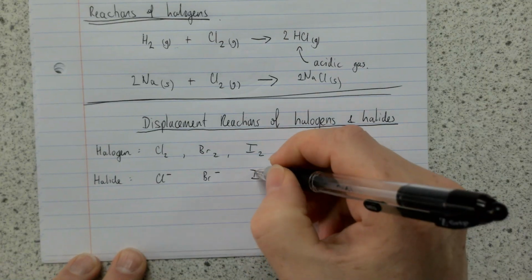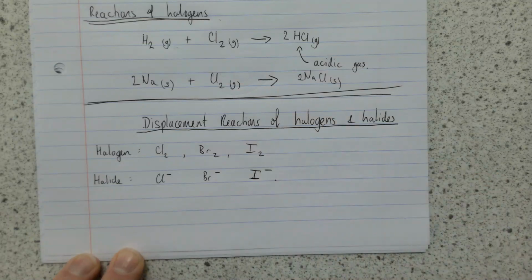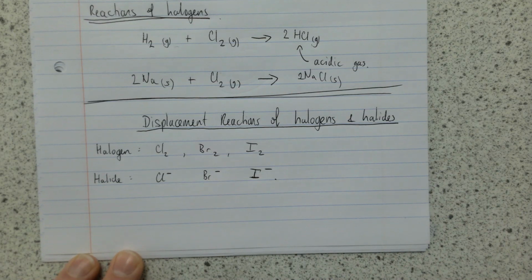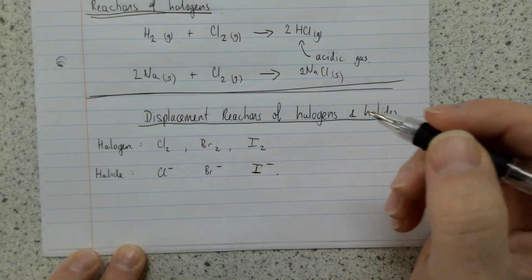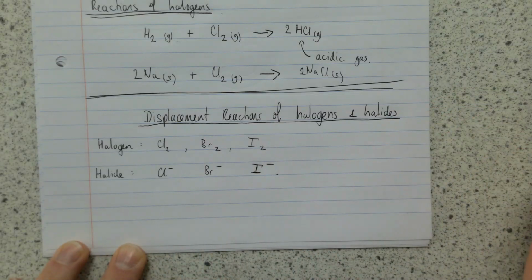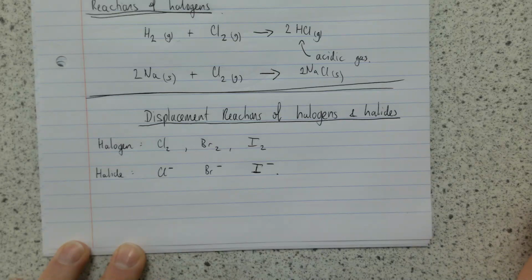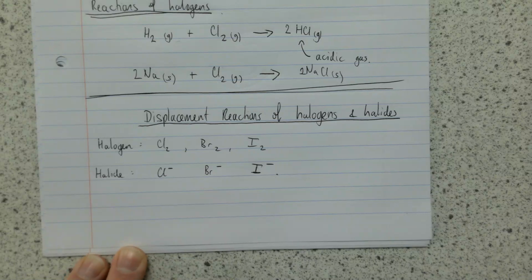And we'll talk about what this looks like when we get to the practical side of it, but we're going to learn that we can use displacement reactions to determine the order of reactivity of the halogens. So I'll write that down and you can catch up.